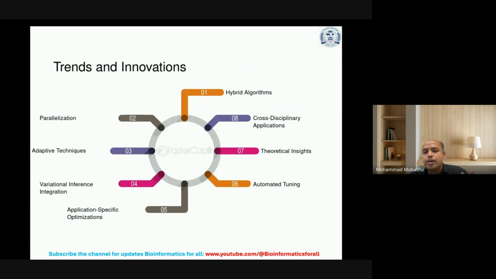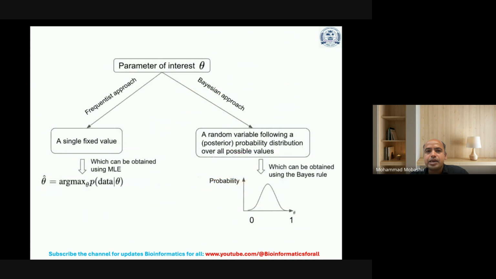So these applications could be in multiple places, and here you can see some of the fundamentals about trends and innovation where Bayesian algorithm or inference is related.